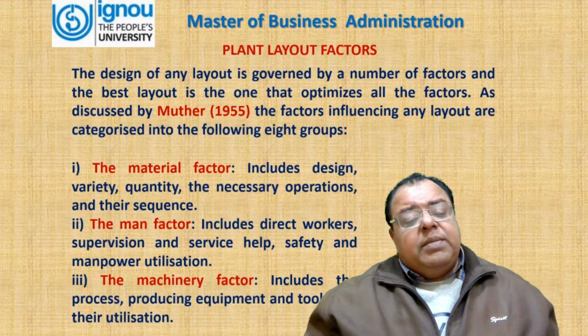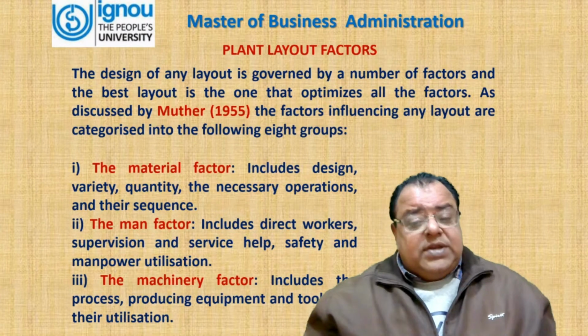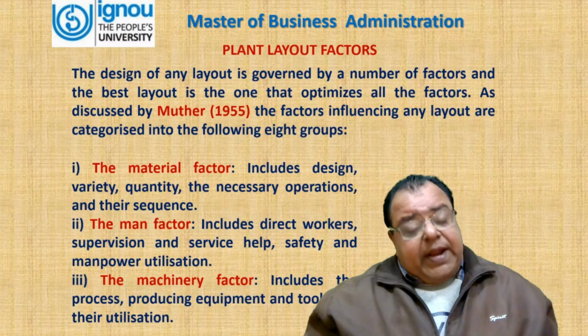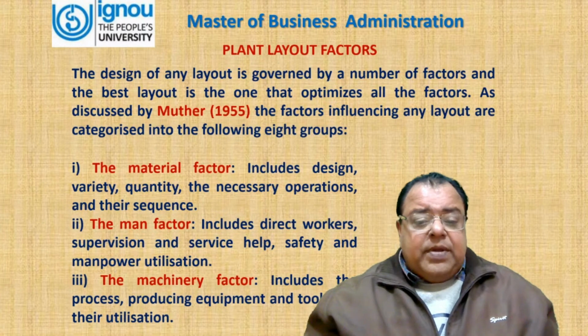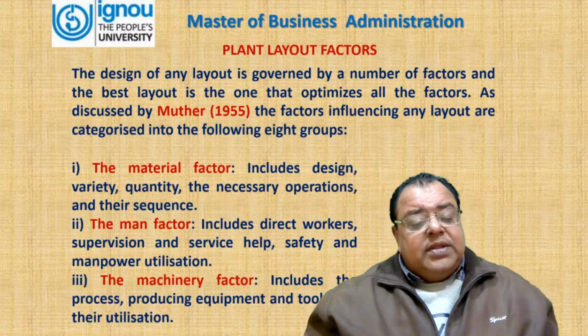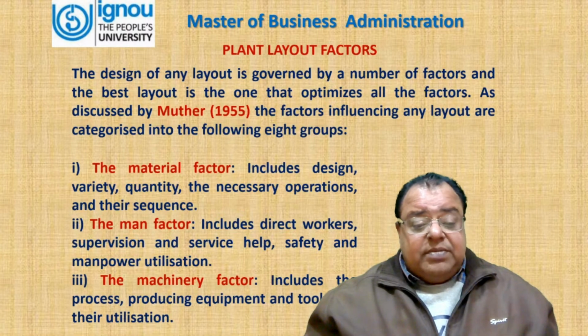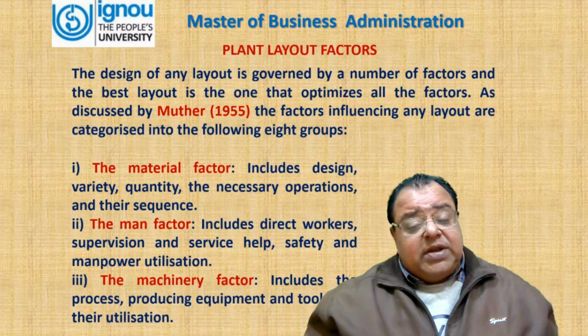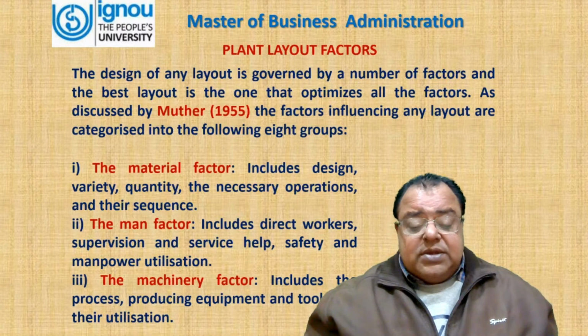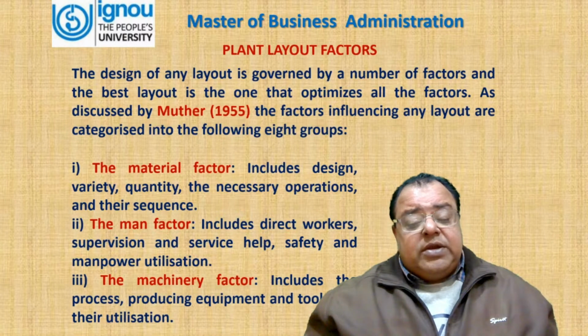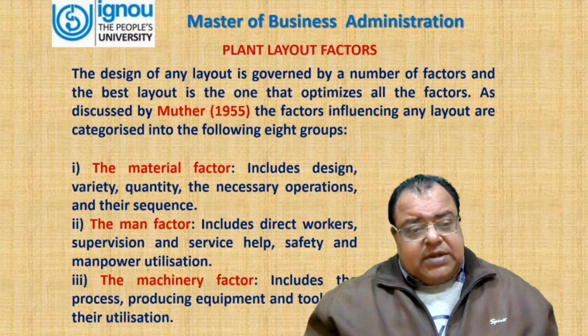First one is the material factor, which includes design, variety, quantity, and necessary operations and their sequence. Then, the man factor. This includes direct workers, supervision, and service help, safety, and manpower utilization. Third one is the machinery factor, which includes process, producing equipment and tools, and their utilization.